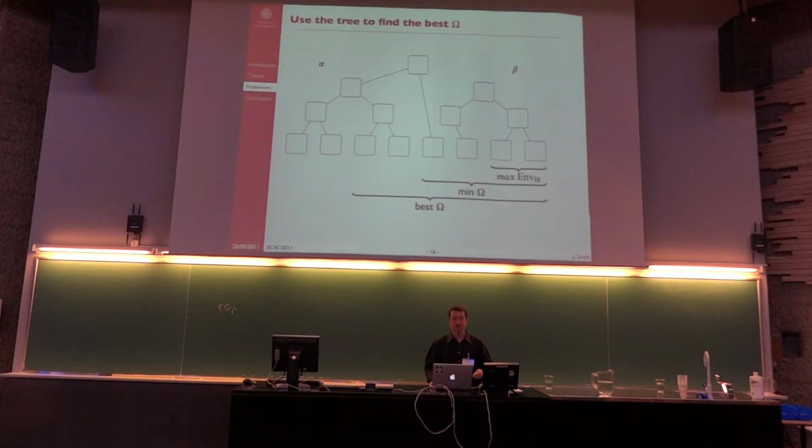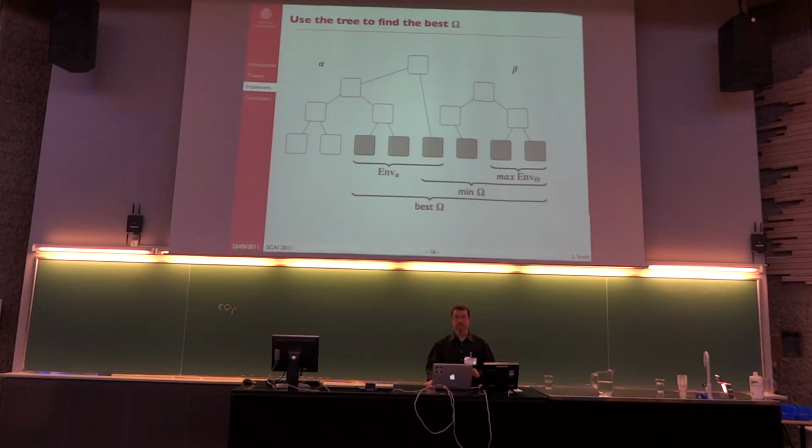Then if we take the energy envelope of the alpha subtree, that will be based on exactly the same lower bound as the one we're looking for, the lower bound of the best omega set. And then we can add the energy of all of the tasks in the beta subtree, and what we wind up with is the energy envelope of our best set.